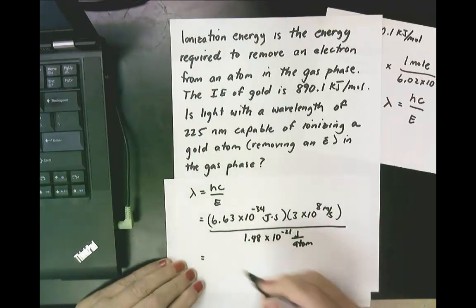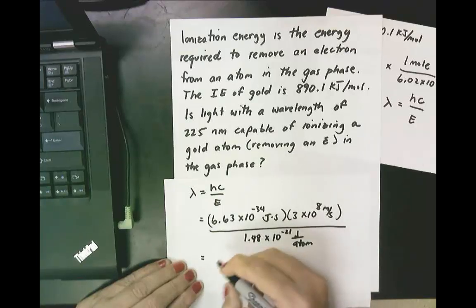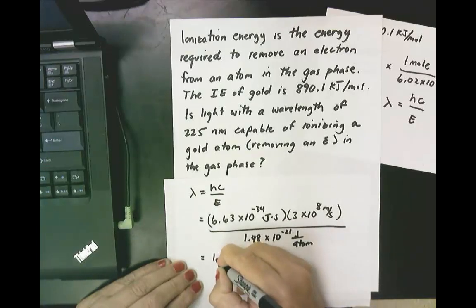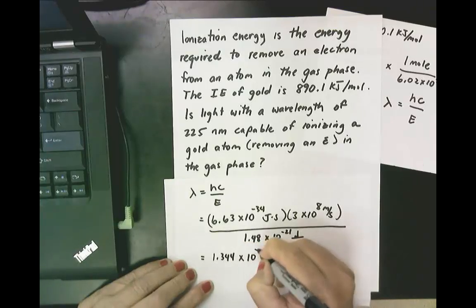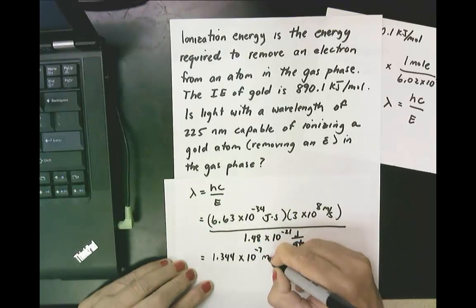And I'm going to let the calculator do the work. And now I end up with a wavelength of 1.344 times 10 to the negative 7 meters.